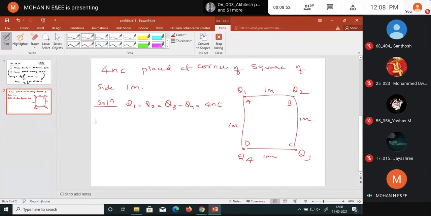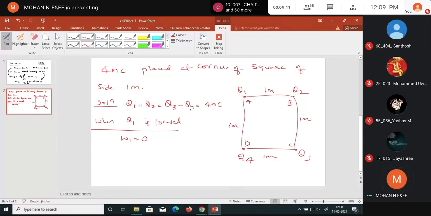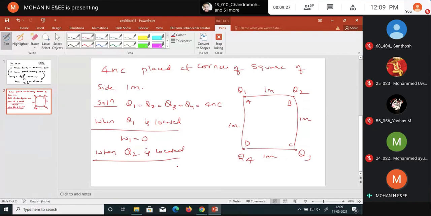When Q1 is located, W1 will be equal to 0, as there will be no work done. When Q2 is located, there will be some work done because the field is created by Q1.